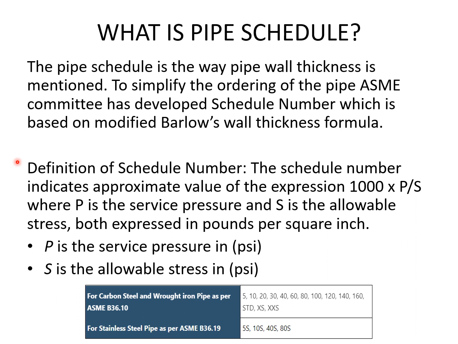The definition of schedule number indicates the approximate value of the expression 1000 multiplied by P divided by S, where P is the service pressure in PSI, and S is the allowable stress of the material in PSI. Examples of pipe schedules are 5, 10, 20, schedule 40, 80, 100 till 160. And in SS it is 5S, 10S, 40S and 80S.